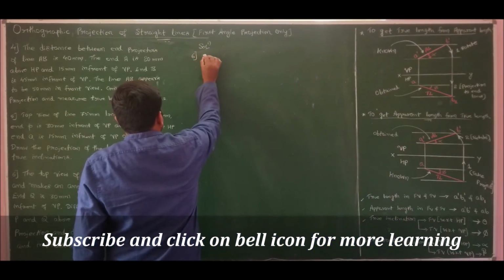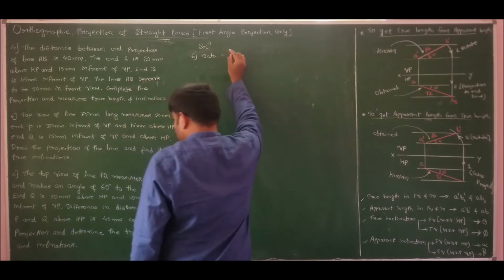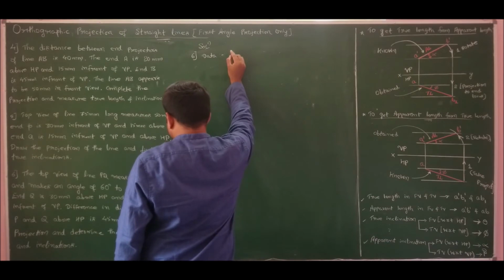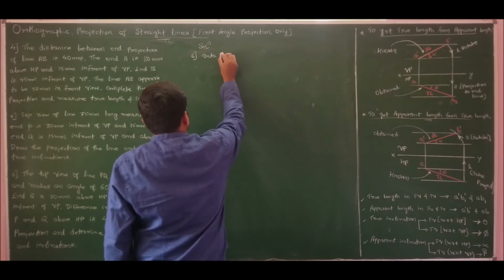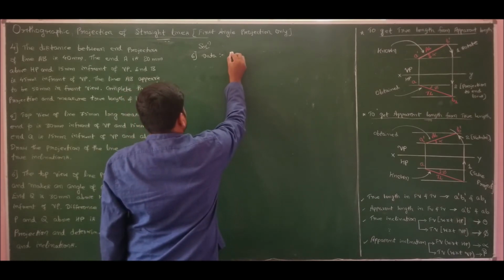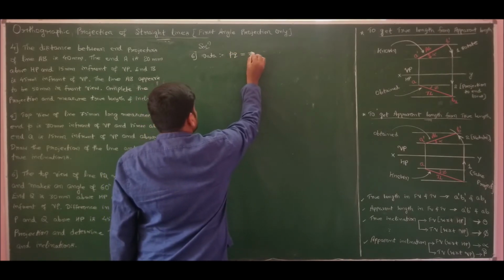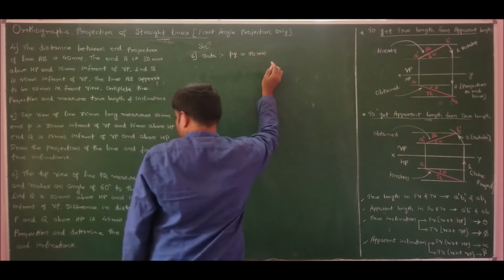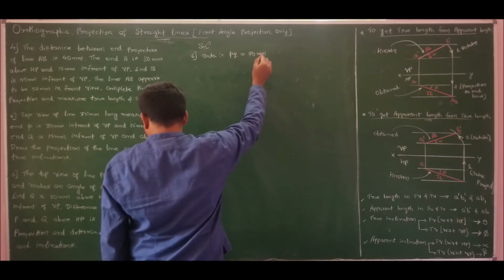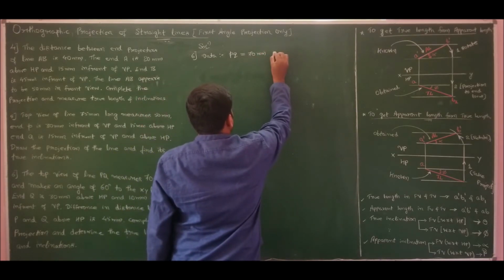So for problem number 6, the data mentioned are: the top view of line PQ measures 70 mm. Since we are stating the dimension of the top view of line PQ, the top view is nothing but PQ itself, the apparent dimension, which is 70 mm, and it makes an angle of 60 degree to XY line. So the apparent inclination, beta, is also given for us.